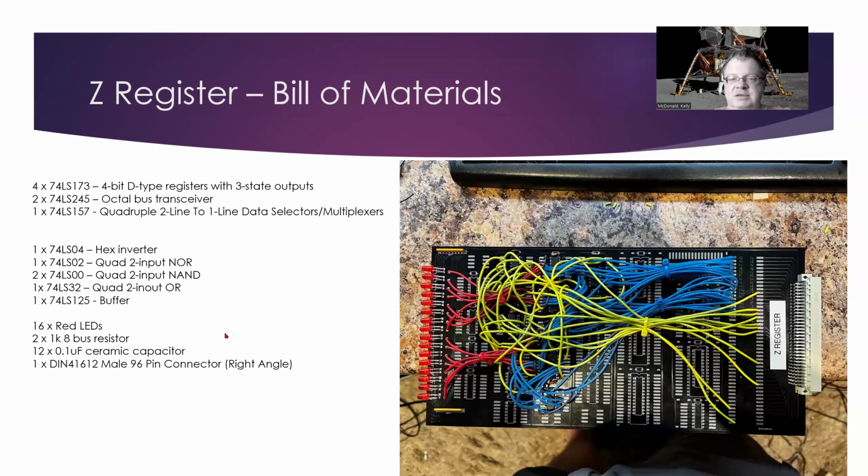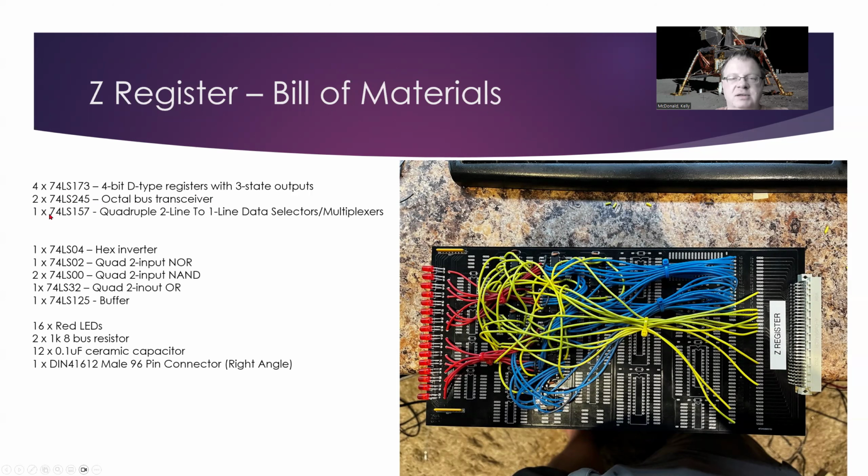As I built it, the basic bill of materials to complete this register is: four 74LS173, the D-type registers that we use to store the data. We've got two 74LS245 octal bus transceivers, which is what we use to push data onto the bus.